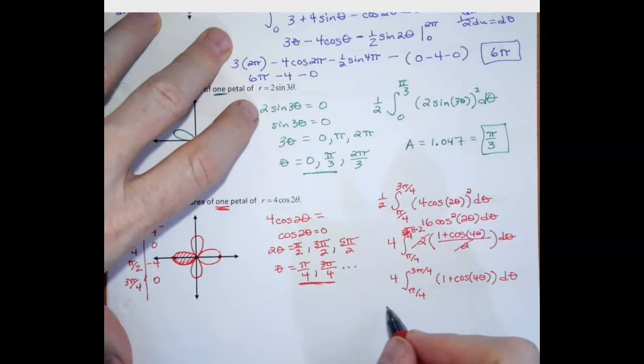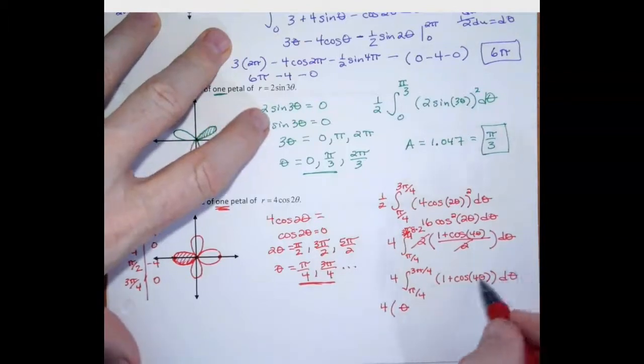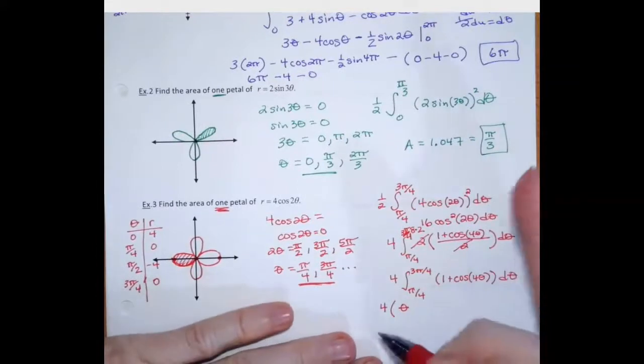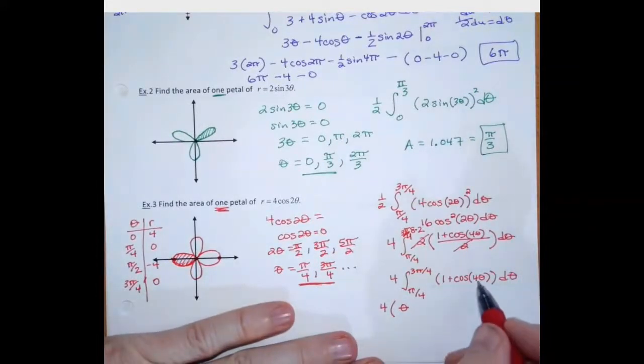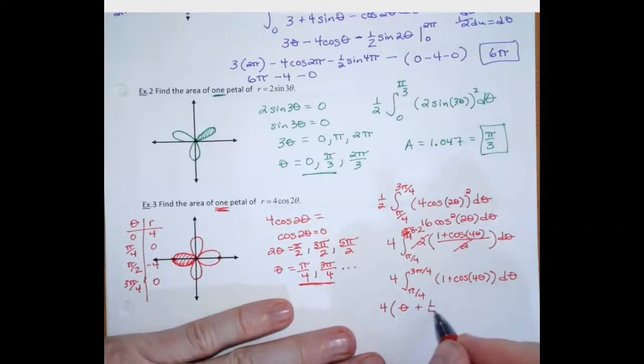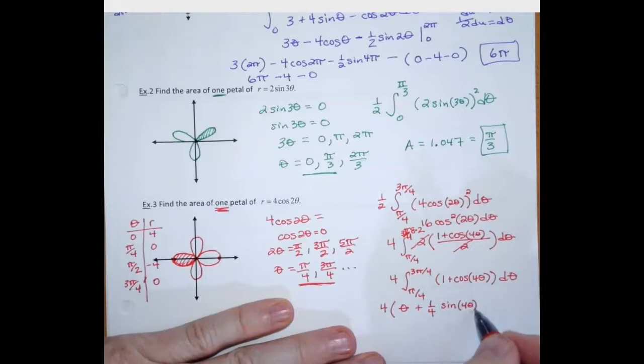So if we integrate that, we're going to have 4, and if we integrate that, it's going to be theta. We could use a u substitution on here, but maybe we can see that pattern from example 1, that's just going to give us a 1/4 sine 4 theta. You can check that real quick.